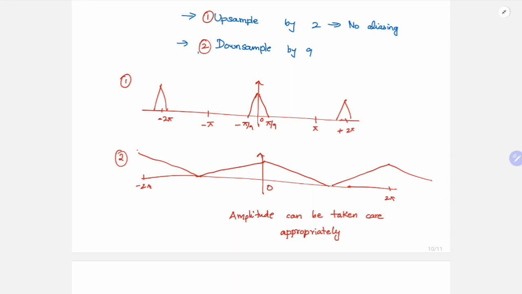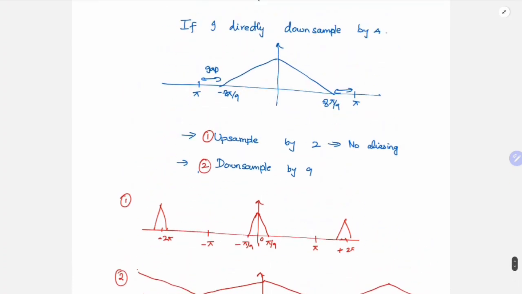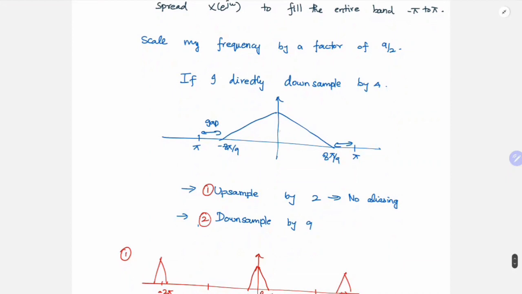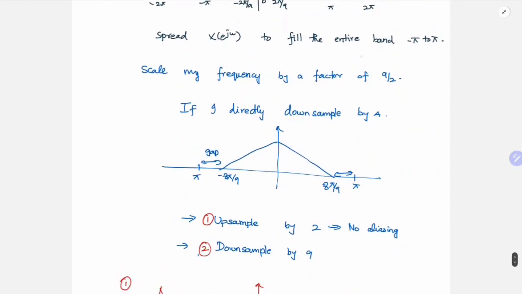So here it is going to increase by a factor of 2, and here it is going to decrease by a factor of 9. So you just multiply it with 9 by 2. So basically multiply finally by 9 by 2. Then you will get back whatever the signal x of e per j omega you require to fill the band minus pi to pi.